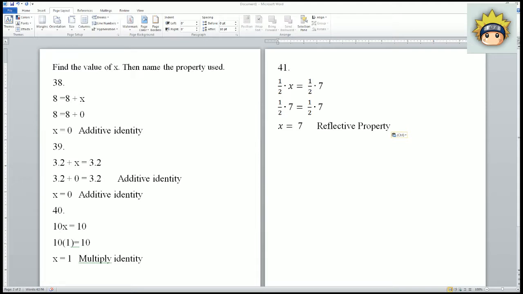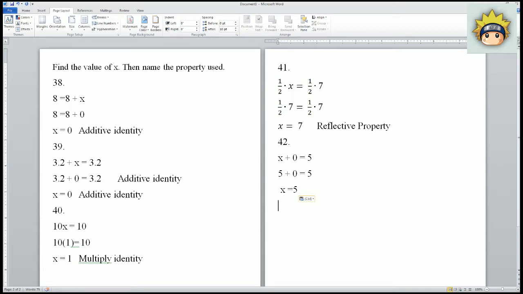42. x plus 0 equals 5. There is a 0 on the left and a 5 on the right, so x has to be the value 5, because that's how we get the right side to be 5 as well.